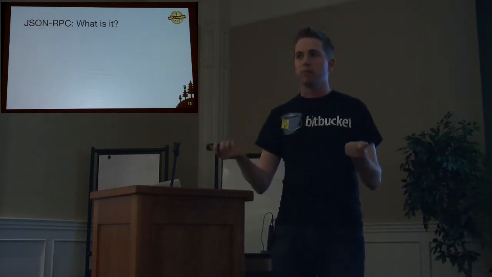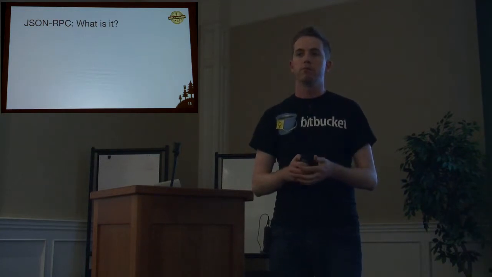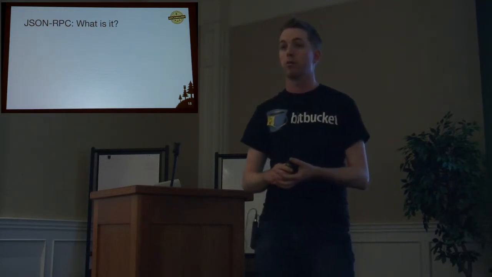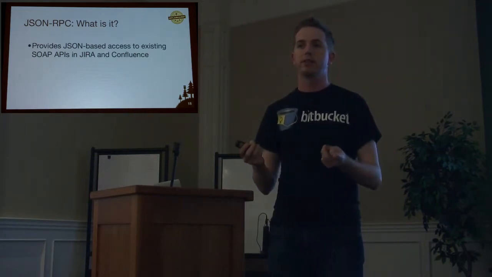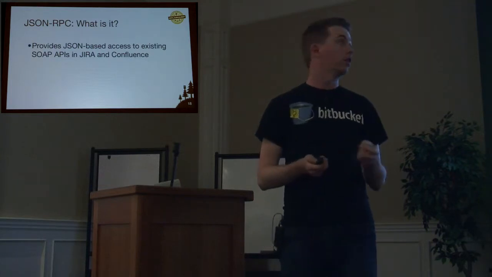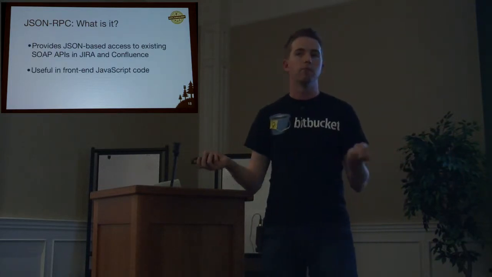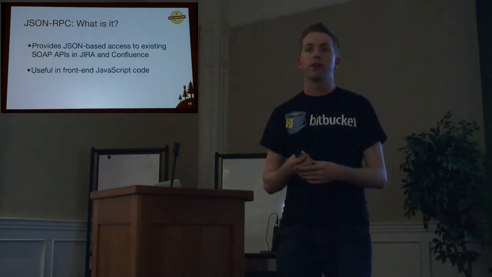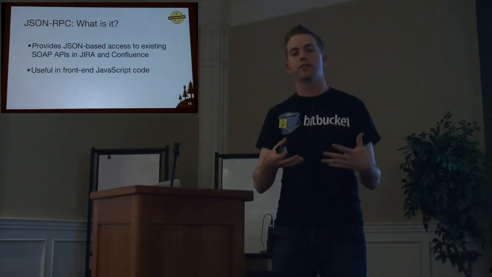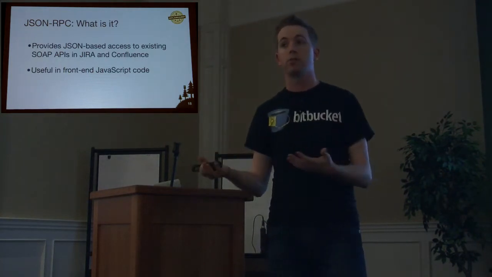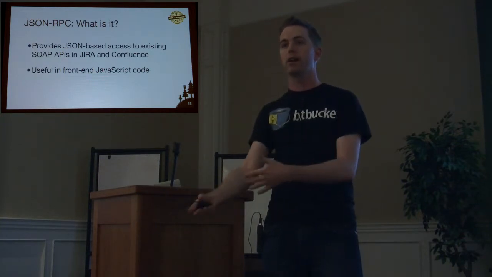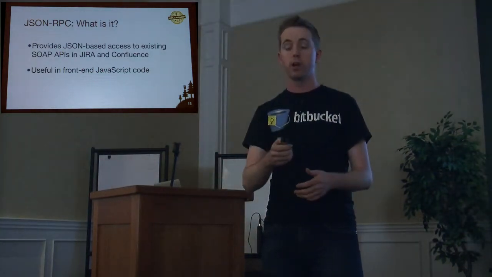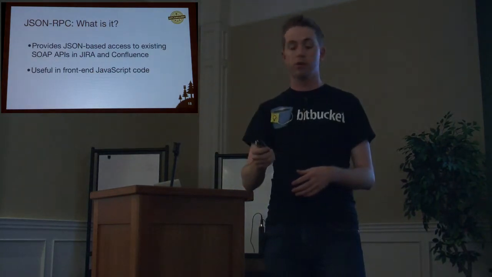JSON RPC, you saw a bit of a talk from Charles Miller on Wednesday about this. What it does is basically just a thin wrapper around the existing remote APIs for Confluence. And why would we do this? It's because for front-end code, where accessing a library for XML RPC or SOAP is too difficult, JSON RPC gives you a really lightweight way in client code to access all those APIs that we already had available in SOAP and XML RPC.